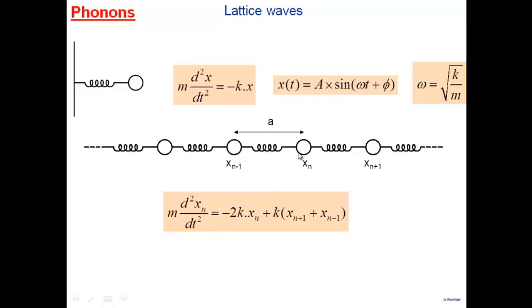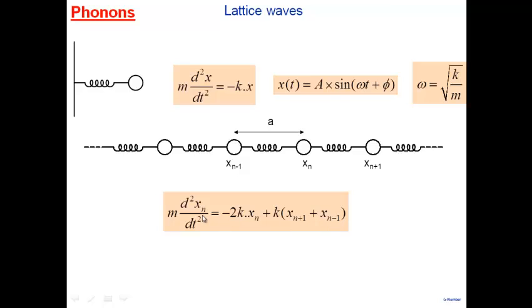So if I focus on this particular atom, the deviation x_n from its equilibrium position, one can imagine that the forces acting upon it will be one coming from this spring, whether it's compressed or elongated, and the other coming from this spring, right? So x_n minus 1 would tell you how much this is elongated or compressed, and x_n plus 1 minus x_n will tell you how much this one is elongated or compressed. So you get an equation of this kind: force equals k times (x_n plus 1 minus x_n) plus k times (x_n minus 1 minus x_n), that is, minus 2k x_n plus k x_n minus 1 plus k x_n plus 1.